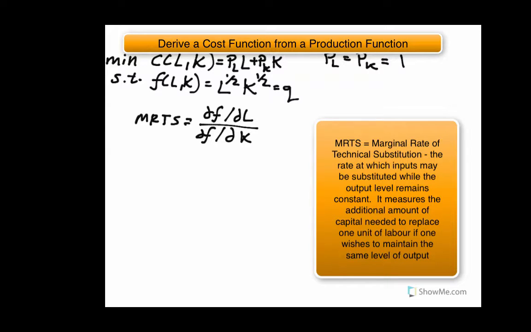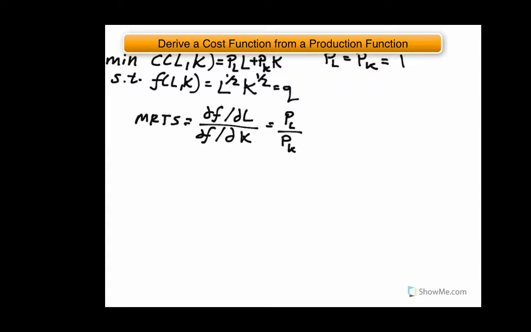So it's the ratio of the marginal product of labor and the marginal product of capital. And our cost minimizing condition is that this is equal to the slope of the isocost, which is the price of labor over the price of capital, really the negative of that. Excuse me, this is the slope of the isocost, and the other is the slope of the isoquant.